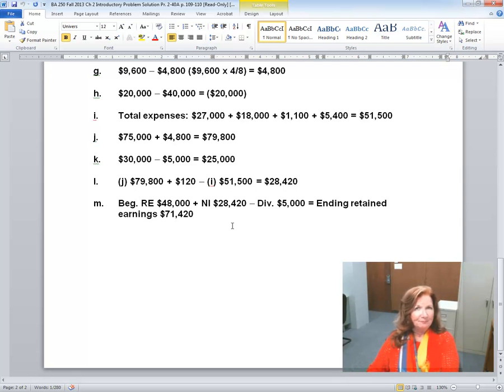And then listened to the video on the overview of Chapter 2, and then come to this problem and listened to the review of how this works as instruction on accruals and instruction on entering transactions and instruction on financial statements. There's one video remaining for you, and that's the video on the comprehensive problem.